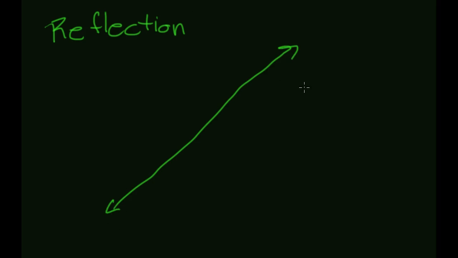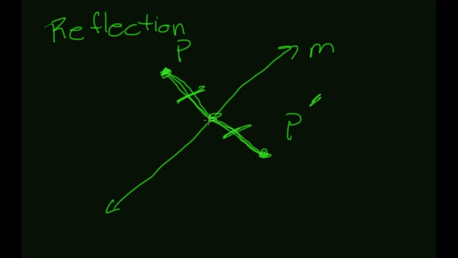We're going to call this line M. If I have some point, I call it P, and I create, through a transformation, another point, P prime, so that if I connect these two points, lo and behold, that segment is bisected. This point here is the midpoint of the segment and perpendicular to M. So M is the line of reflection.